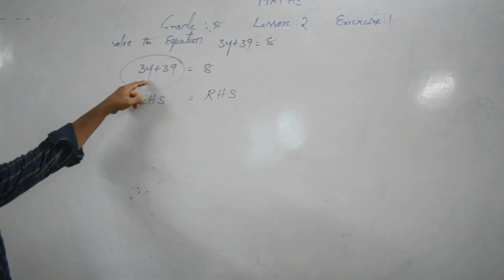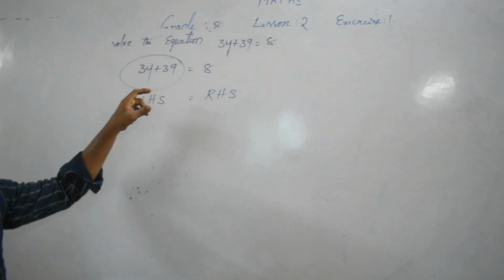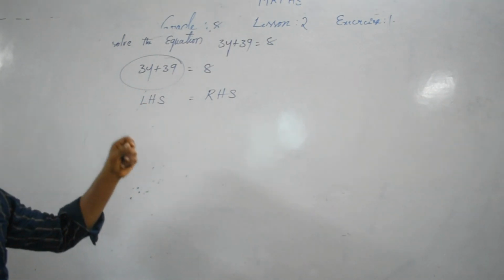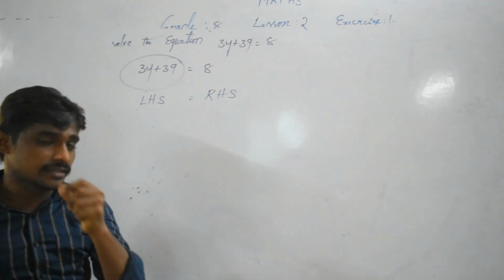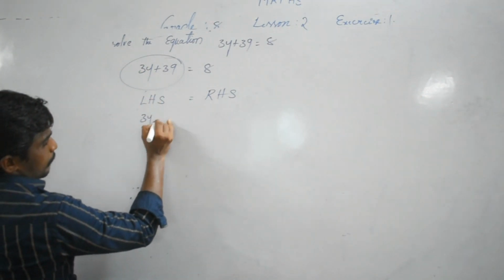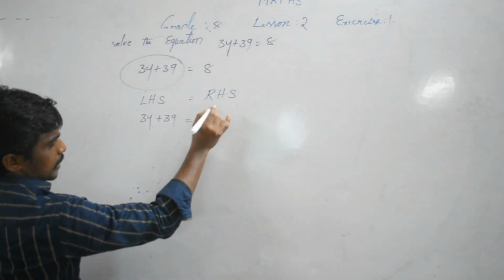So if LHS and RHS are equal, we can find the variable's value. If not equal, we cannot find the variable's value. So here 3y plus 39 is equal to 80.